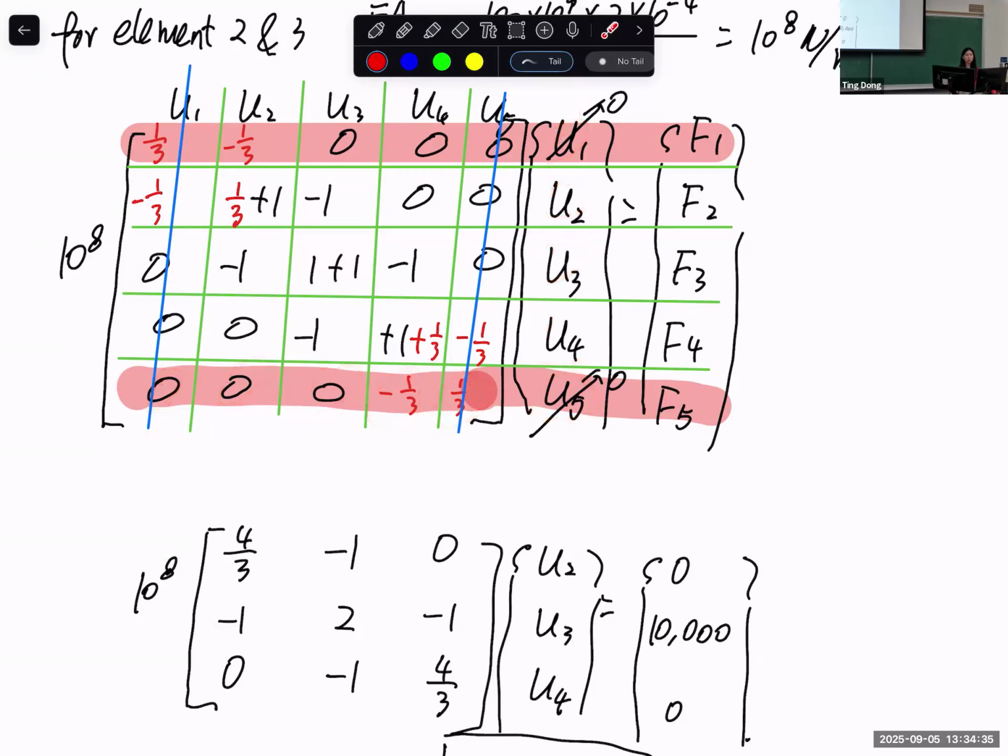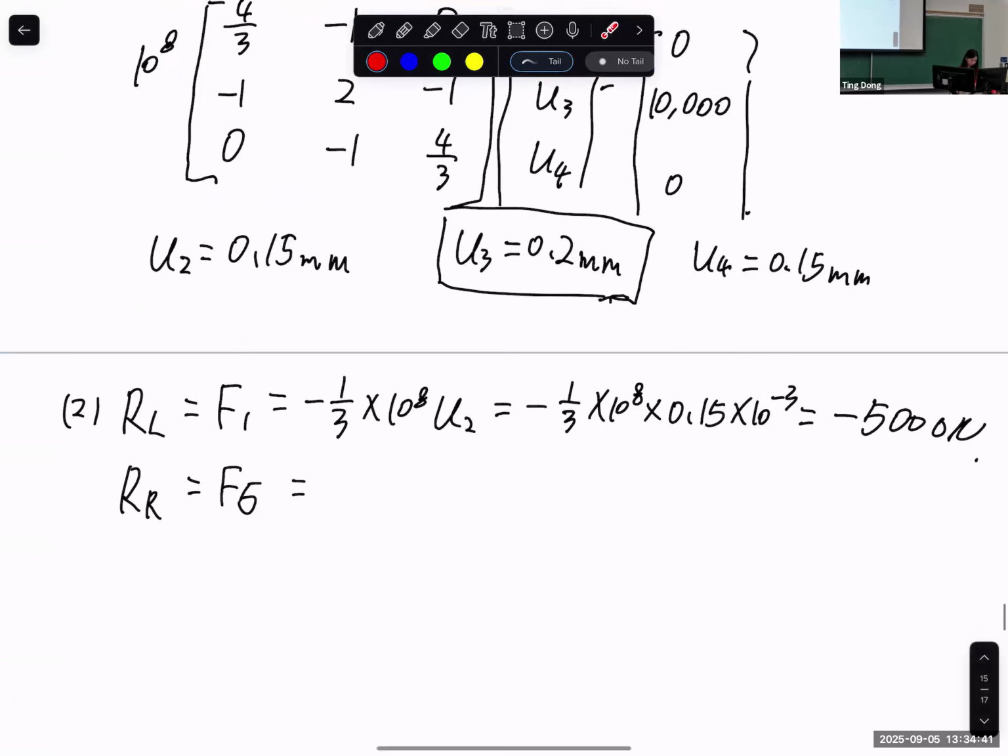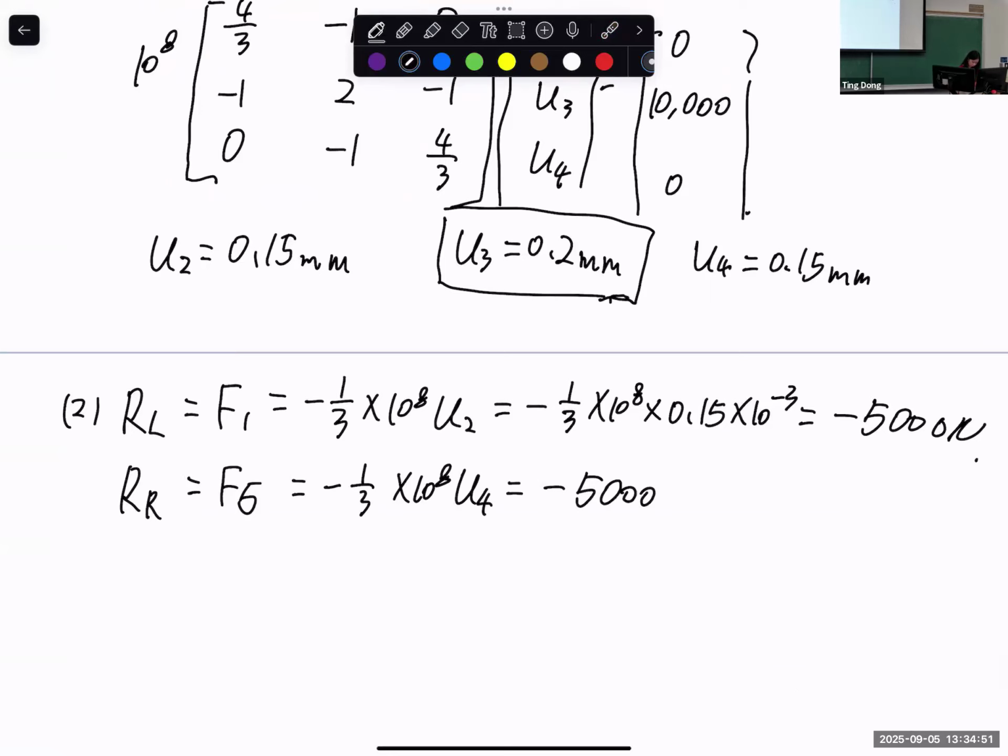So again, we only have one component. This one times this one equals F5. Any question?